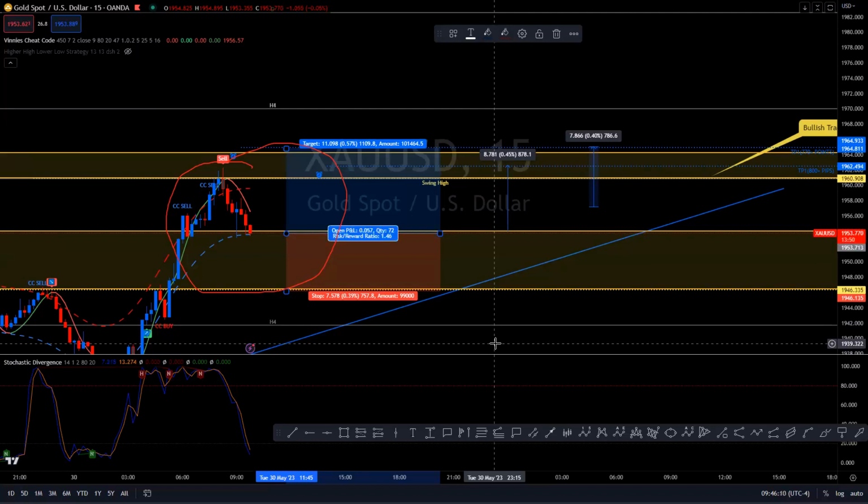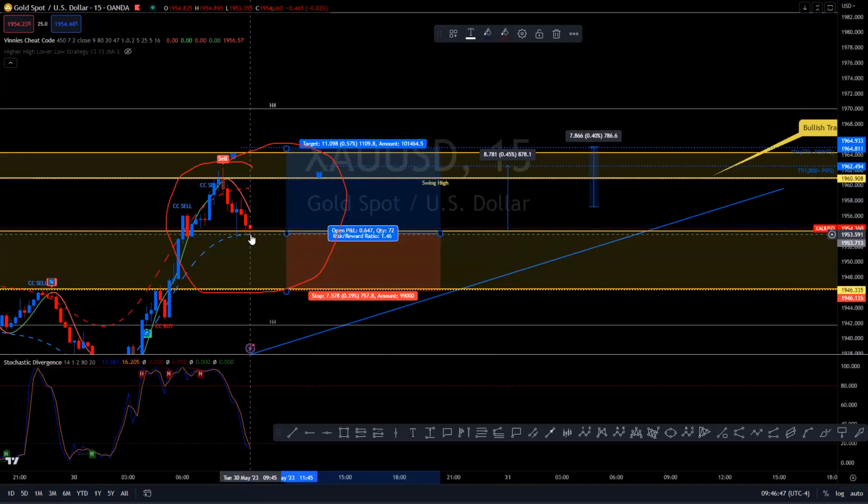Well, we got less than 14 minutes. Price stuck out of this Bollinger Band just a tad bit, not too much.